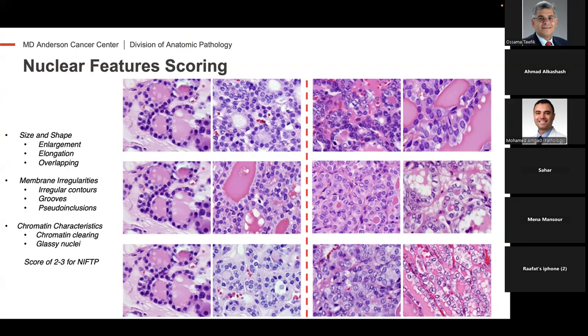Usually it's good to have that system in your head so you can go over everything. But once you have 2 to 3, that would be enough for PTC features in NIFTP. Okay. Perfect. So let me just move on.